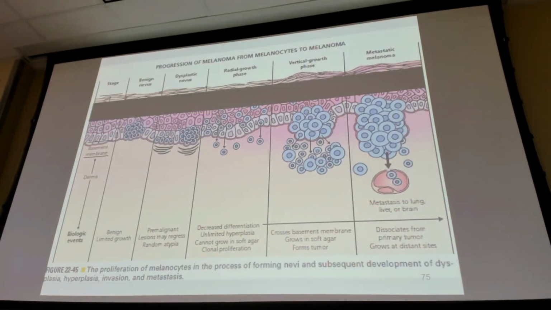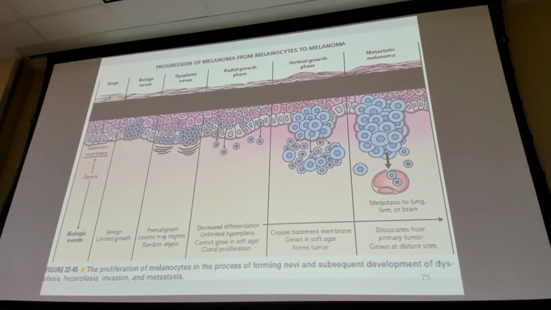Now, this figure basically is all about block 3, right? So it starts with the stages, looking at benign nevus, dysplastic, talking about the radial growth, vertical growth, and metastatic, right? That's all the way on the far right, and that has a prognosis that is no bueno.